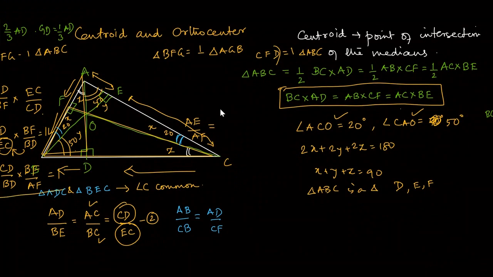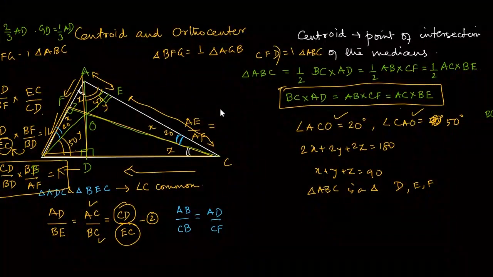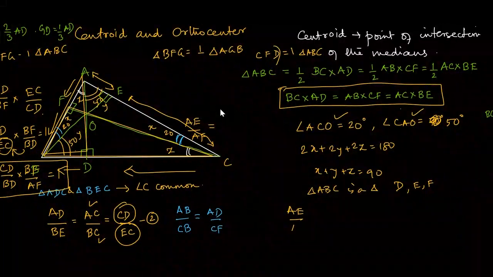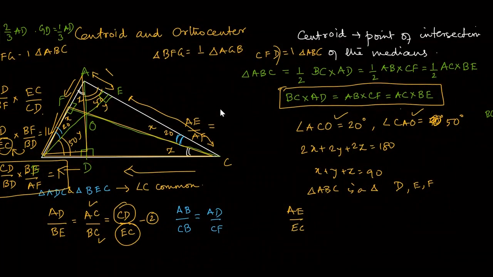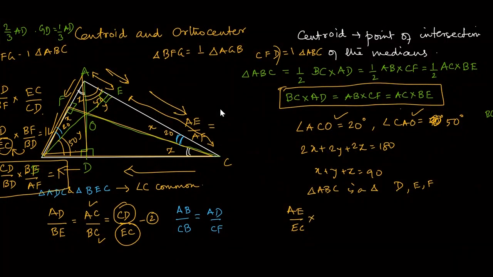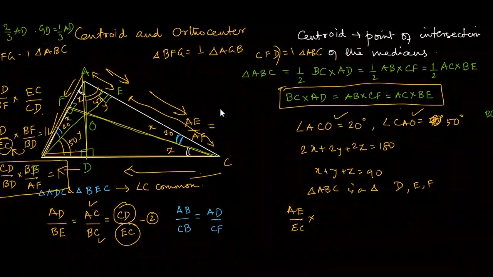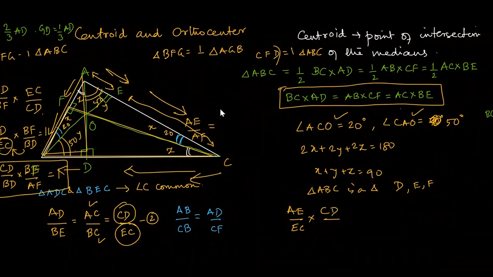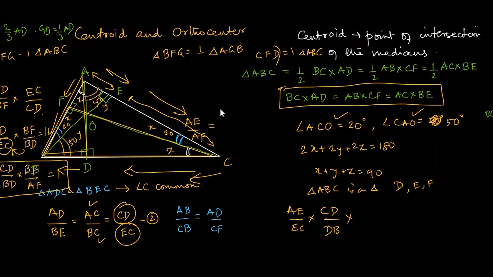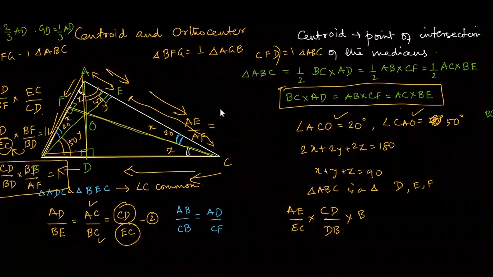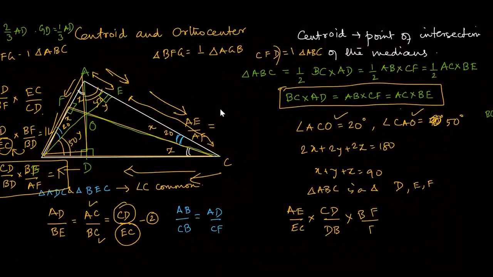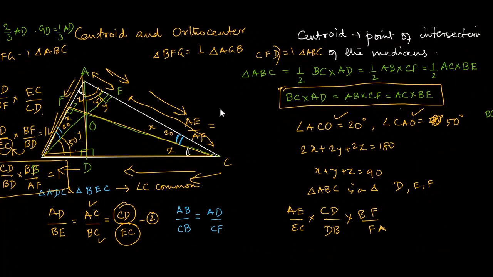That condition is this one. AE by EC, always go from one direction, AE by EC into CD by DB into BF by FA, right?